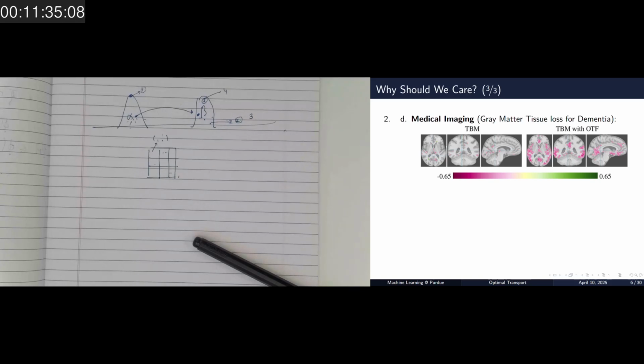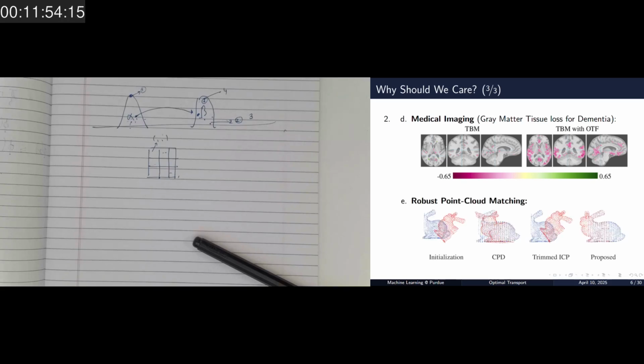Optimal transport induces a distance over the input space rather than a divergence, and that has some interesting properties which we will get into, which allow it to identify better parameters versus your standard divergence based optimization setting.